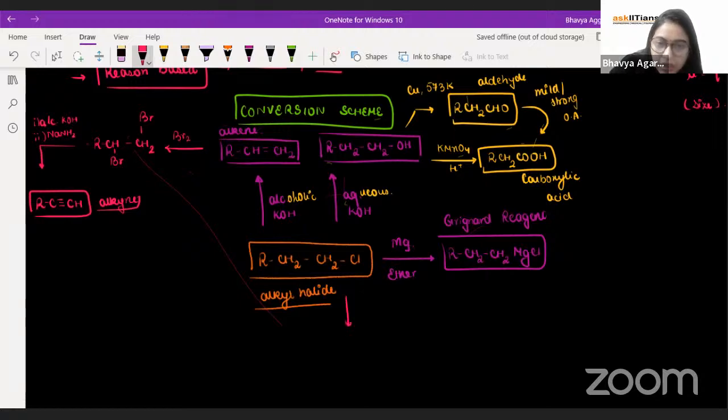For example, if you talk about, let's say KCN, here it is providing its carbon. But it is not mandatory that every reagent has to provide carbon, like aqueous KOH, alcoholic KOH. They were not providing carbon. Right.